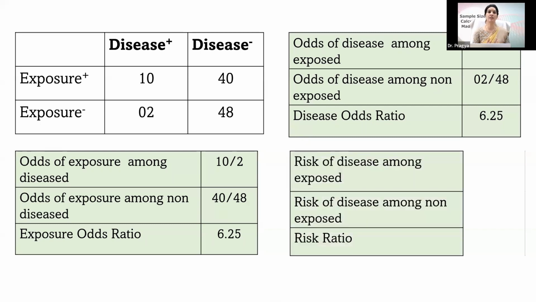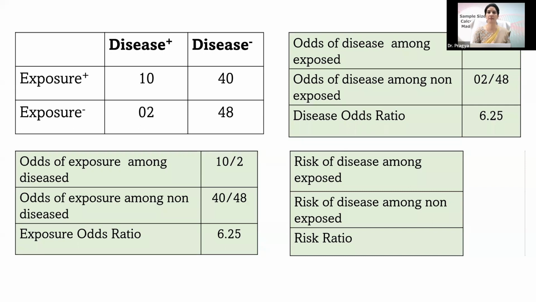Now you calculate the risk, because we are going to understand the difference between the concept of odds and the concept of risk. Please calculate the risk of disease among exposed. Yes, Vijna is writing, Shruti, Gaurav, Kumar.